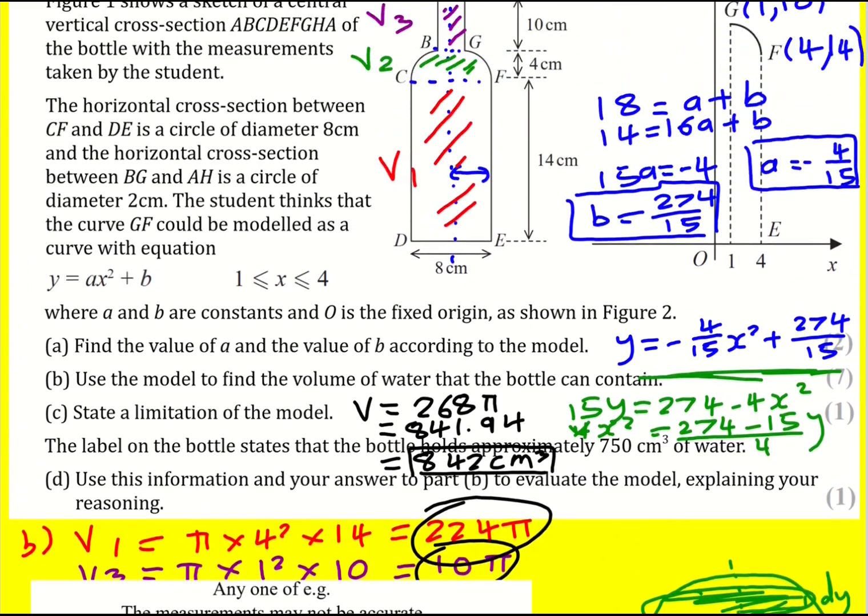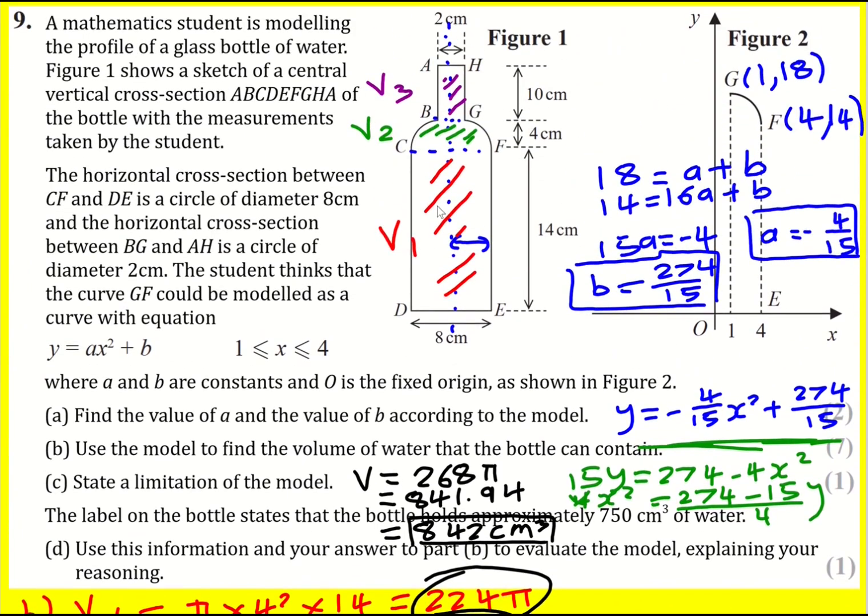So I went into a bit more detail. I thought, you never buy a bottle of water and it's actually filled right up to the very top. So I thought, where would it be filled if it was 750 centimeters cubed? So I worked out the actual V1, the actual value, and it was 703.7. So we're not far off actually.